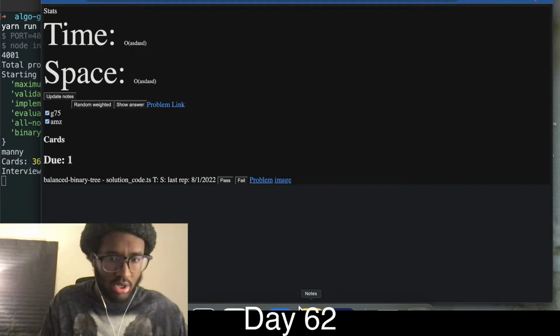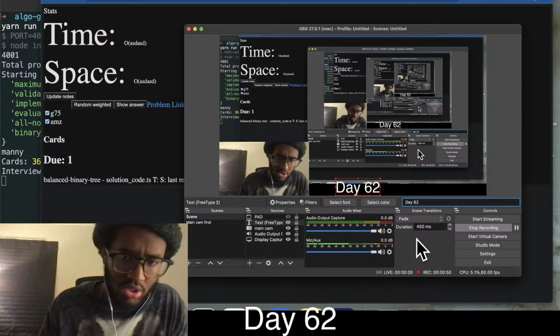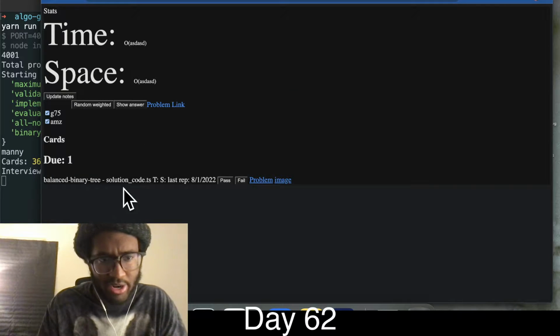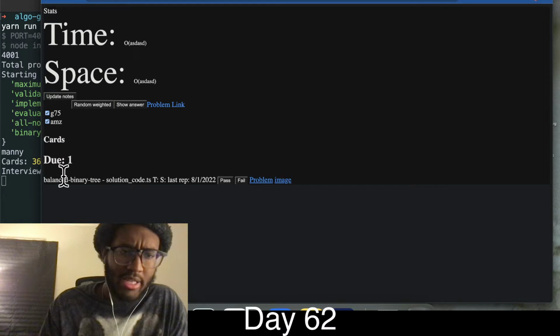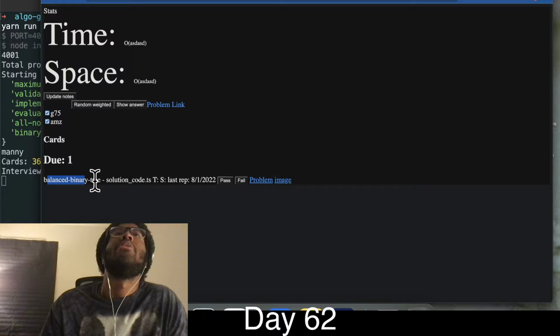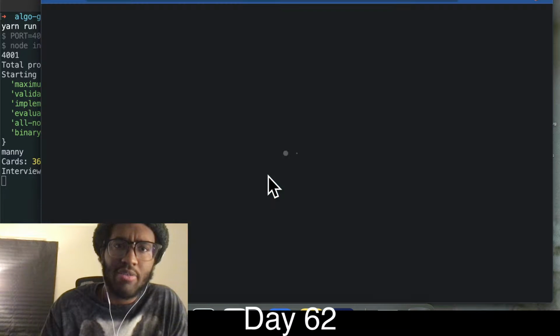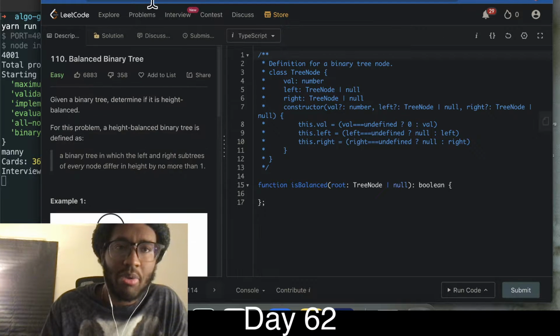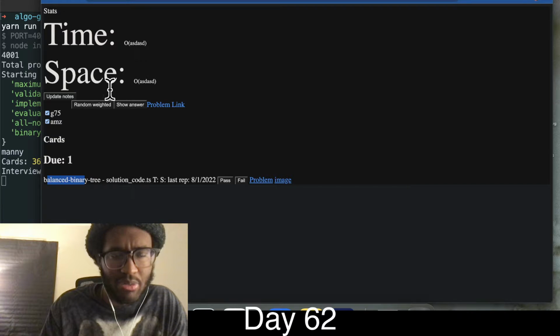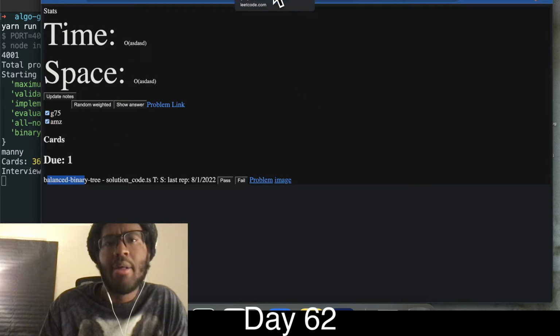Sometimes you got to walk to run. So day 62, we have balanced binary tree to do. I think we did this one yesterday and I forgot to update it. Oh, no, we didn't do this one yet. So we have to do balanced binary tree, and we're gonna do some random problems.